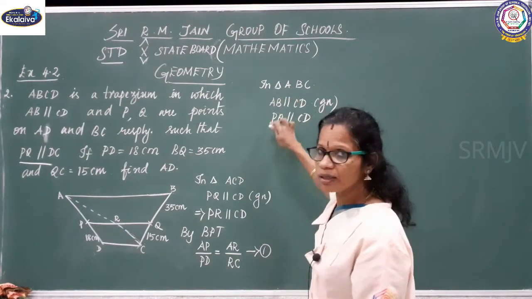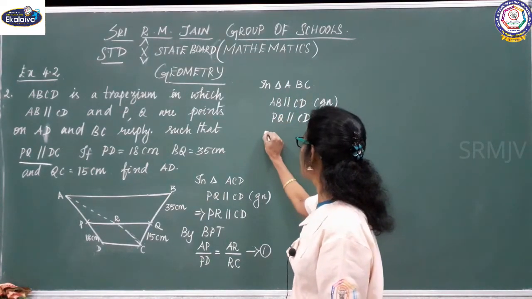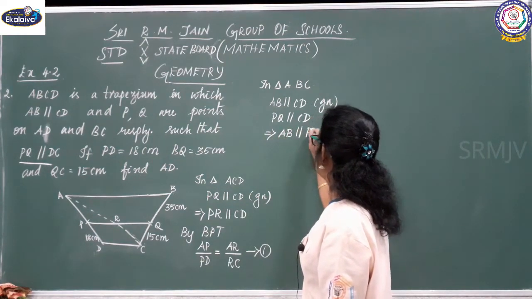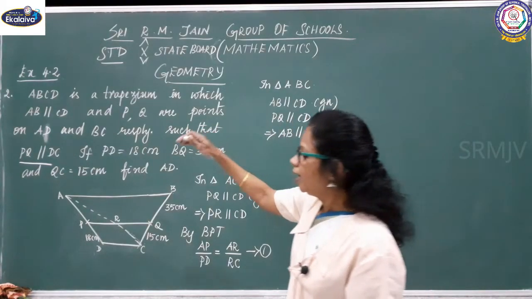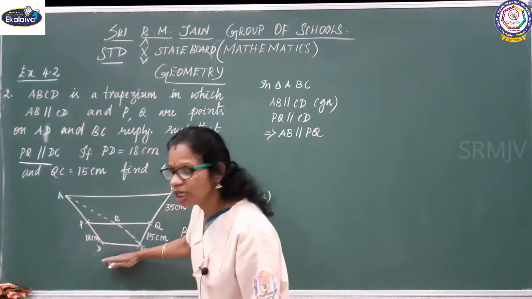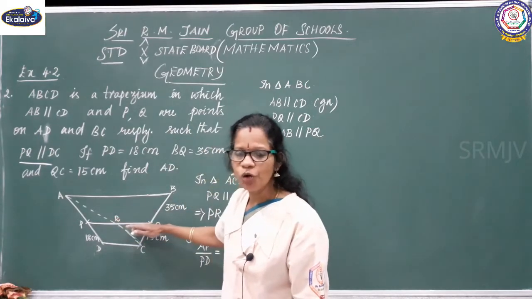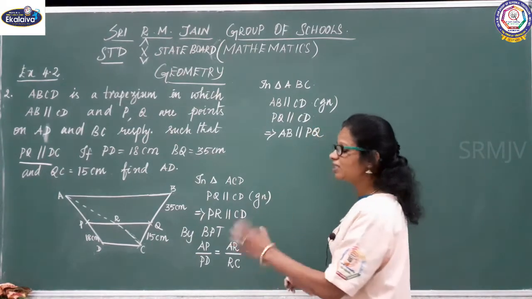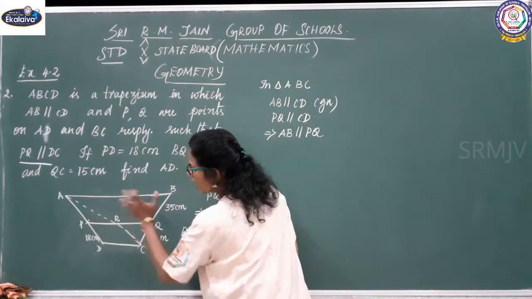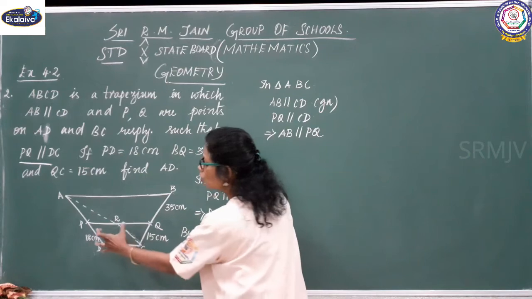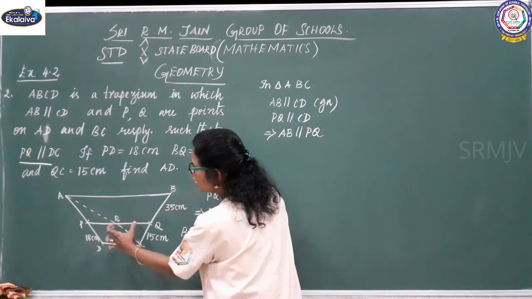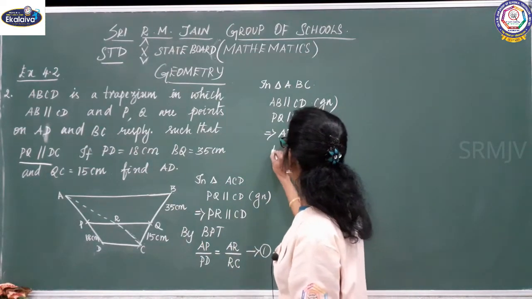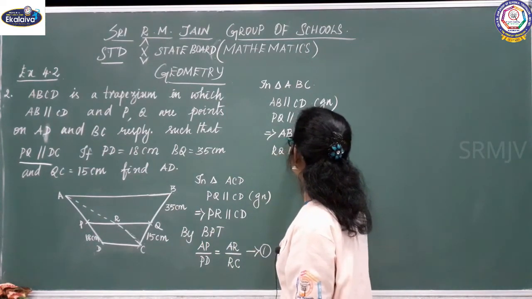When you compare these two, what is your result? Which implies AB is parallel to PQ. Got it, children? AB parallel to CD, CD parallel to PQ means definitely AB parallel to PQ. If PQ is parallel to AB, then RQ is also parallel to AB.